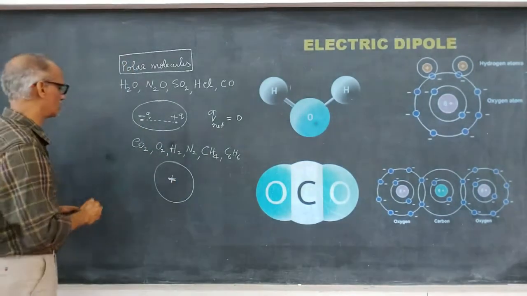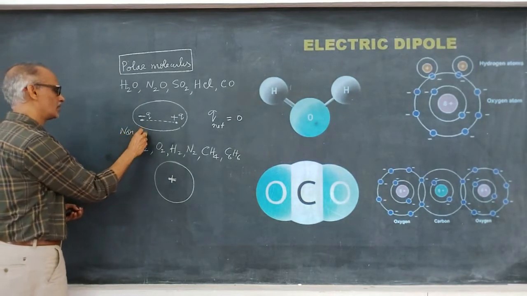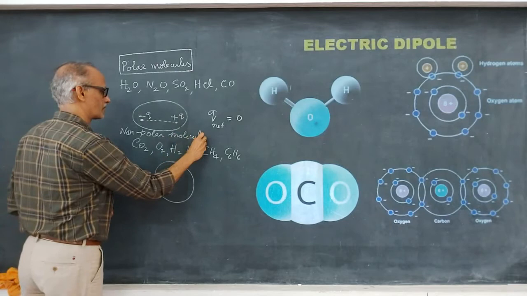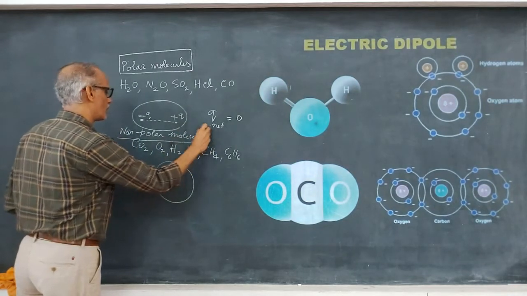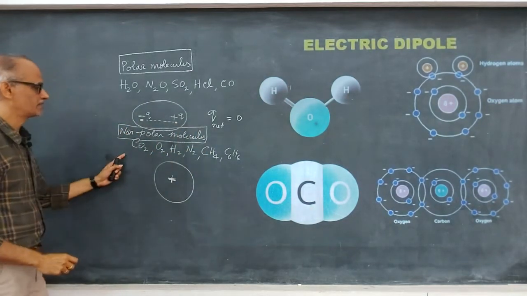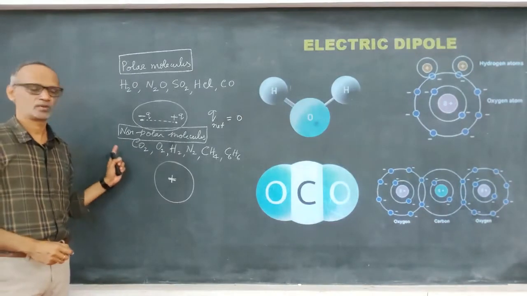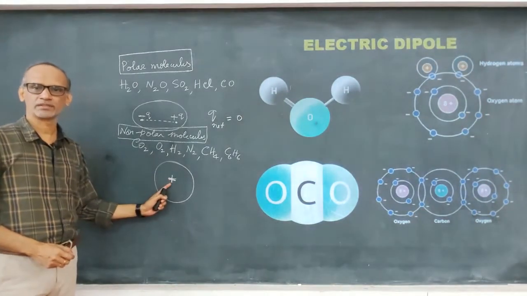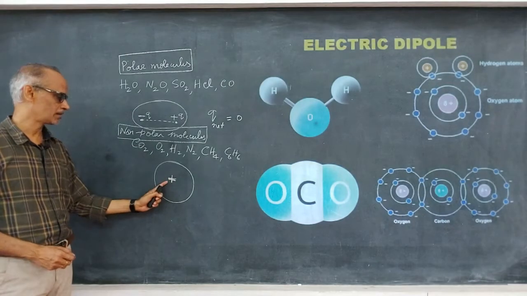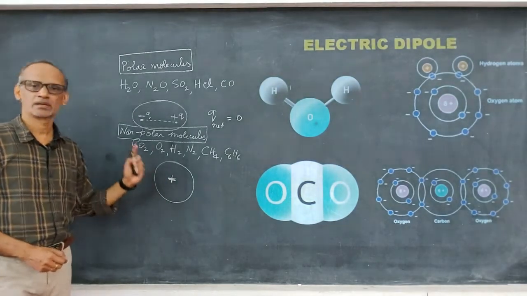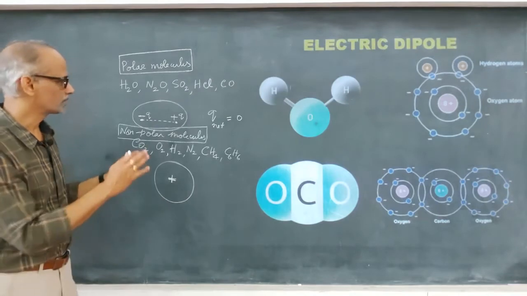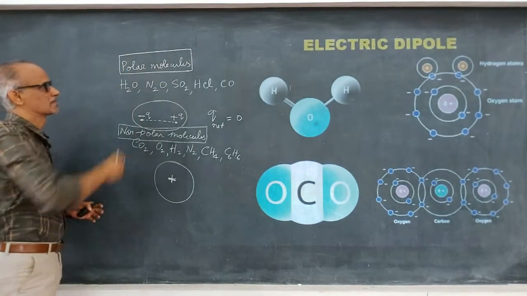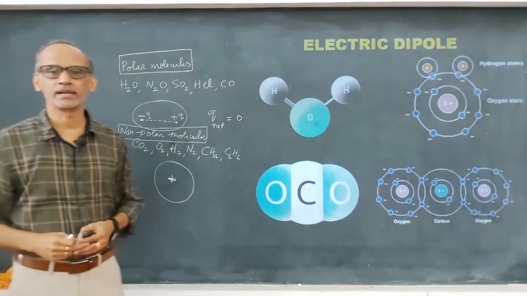Such molecules are called non-polar molecules. These are examples of non-polar molecules. So, molecules in which the center of positive charge and center of negative charge coincide are called non-polar molecules. We are going to learn more about polar molecules because our concept is electric dipole.